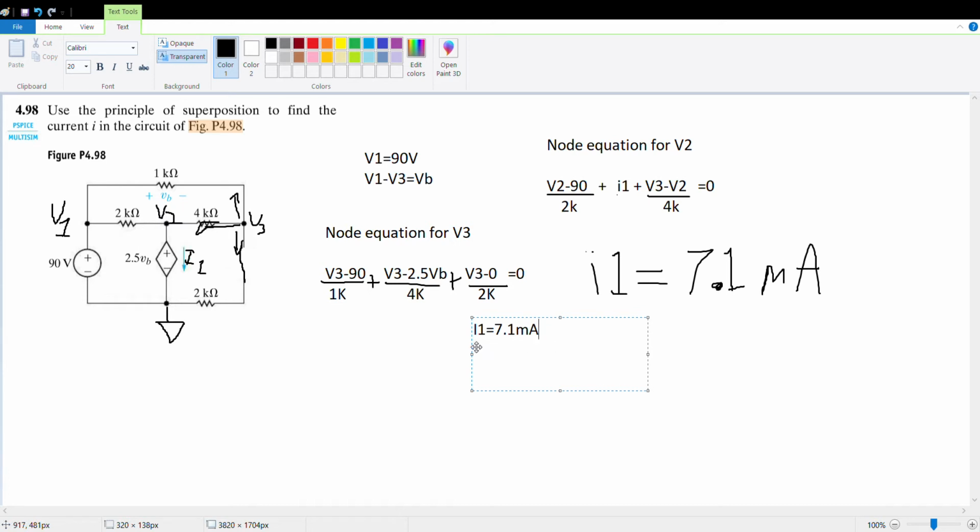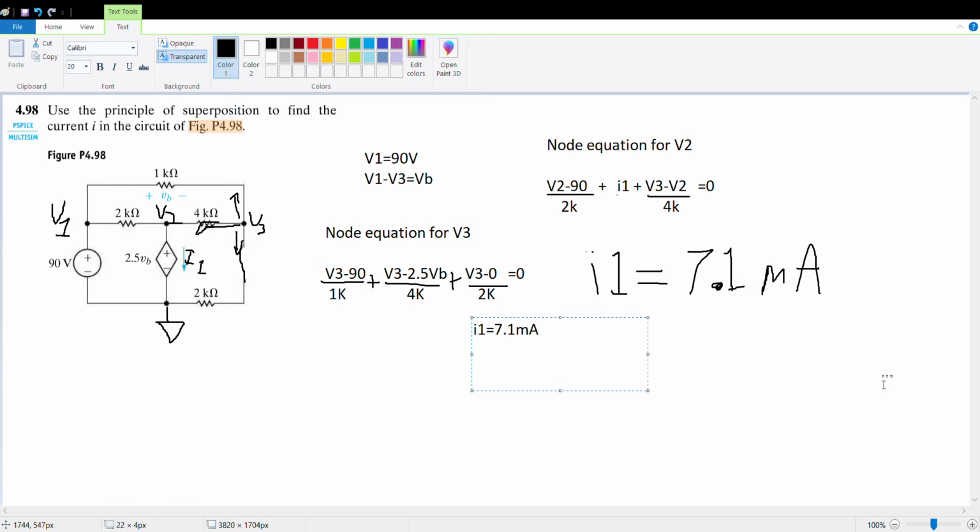So we are not done here. We need to solve for I2, which is the current through this dependent source when the 90 volts is shorted and the 40 volts is active.